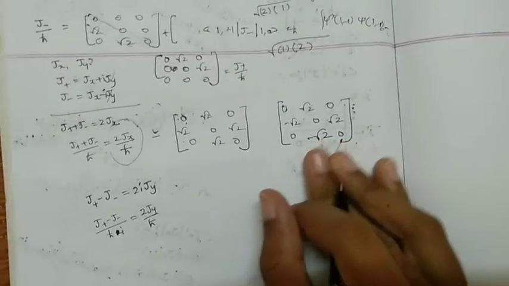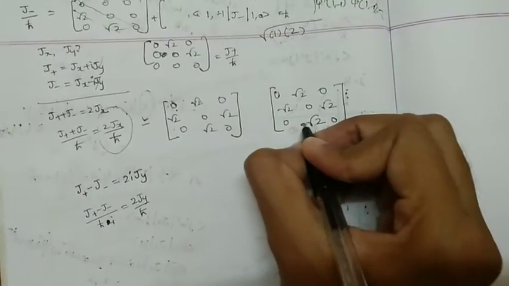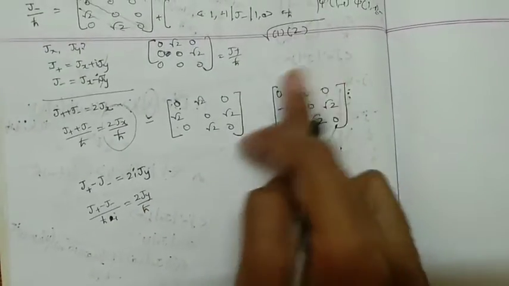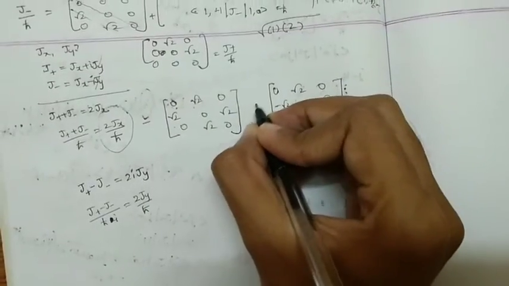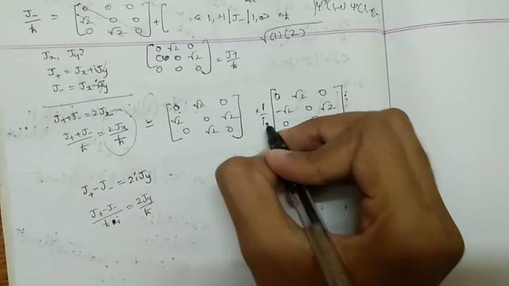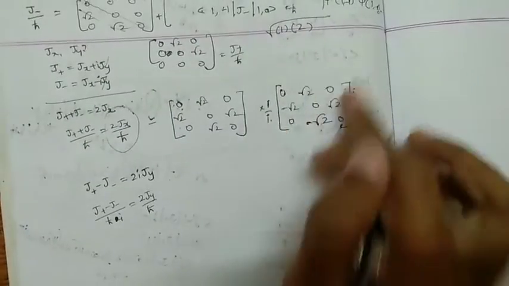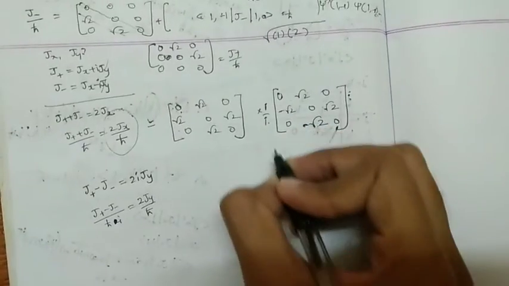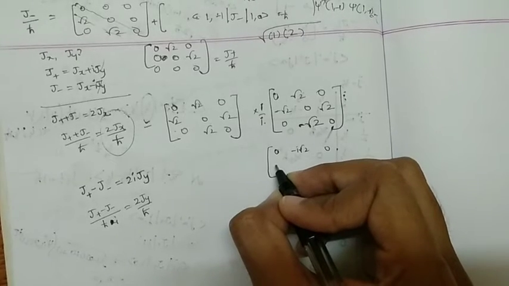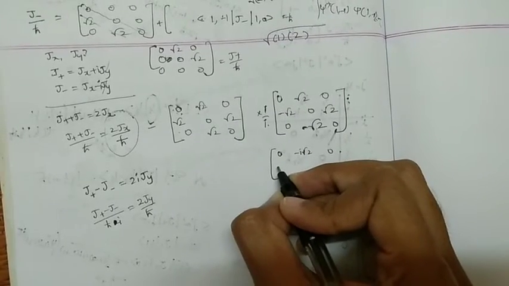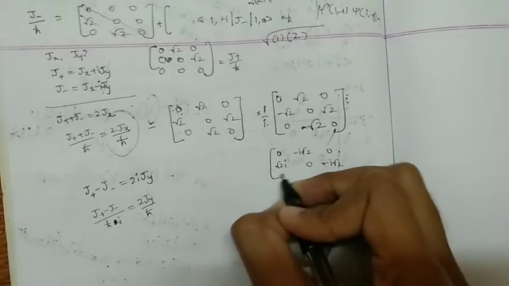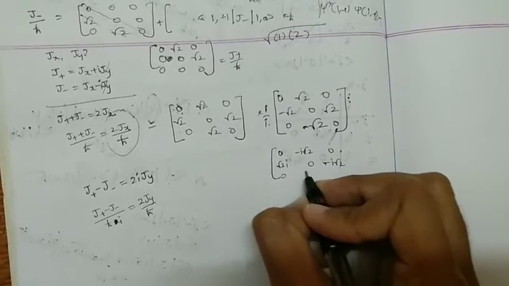So here, now, this is J plus minus J minus by h cut. Now we need to divide the entire matrix by i, that means we need to multiply it with 1 by i. So 1 by i is nothing but i by i squared, that is minus i. So we need to multiply this entire matrix with minus i. If we multiply with minus i, root 2, 0, minus into minus gives plus root 2 i, 0, minus i root 2, 0, i root 2, 0.